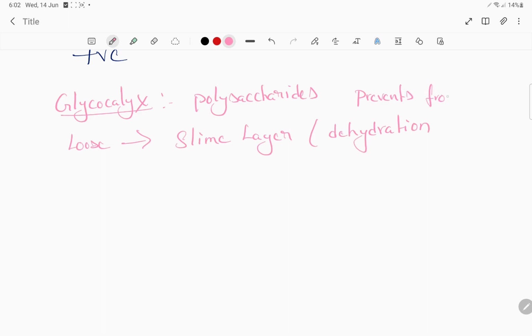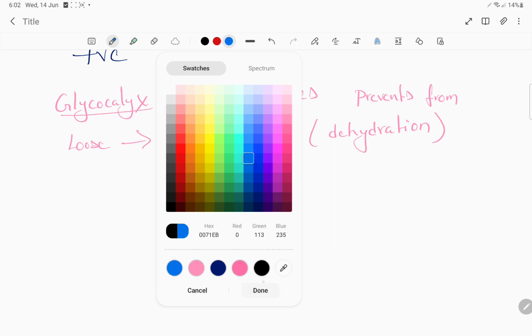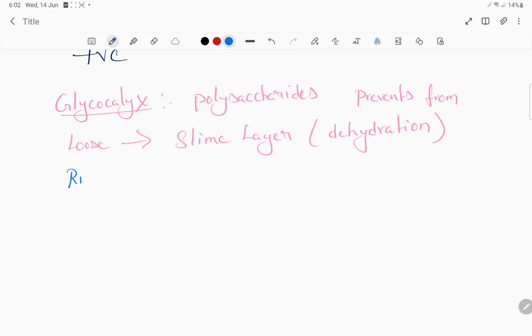Next, if it is rigid, then we call it capsule. They protect bacteria from antibodies and phagocytosis. Mainly, they protect from antibodies.